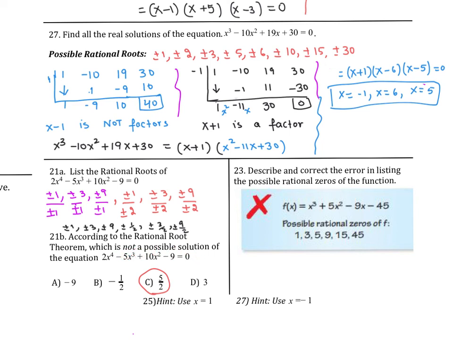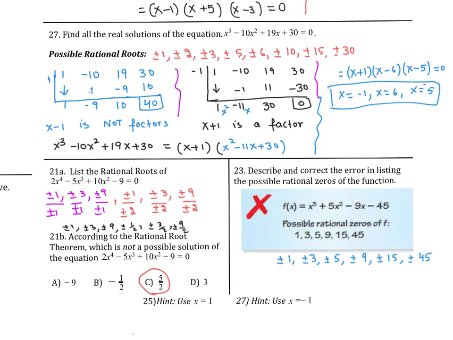For 23, you're going to describe and correct the error for the possible zeros. The factors of negative 45 should be plus or minus 1, 3, 5, 9, 15, and 45.